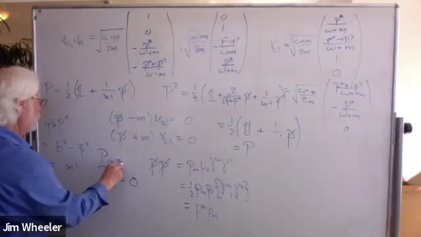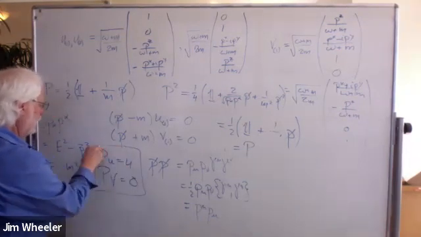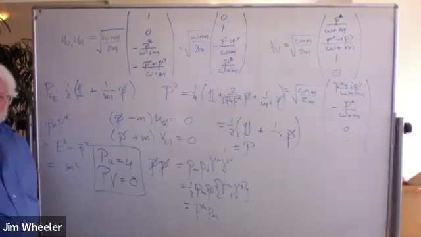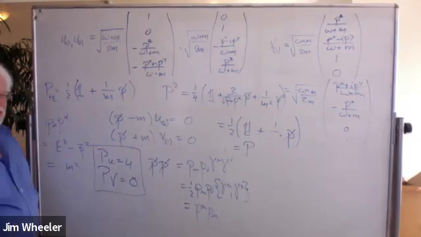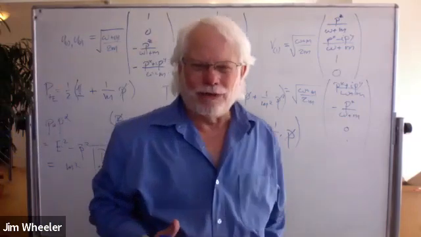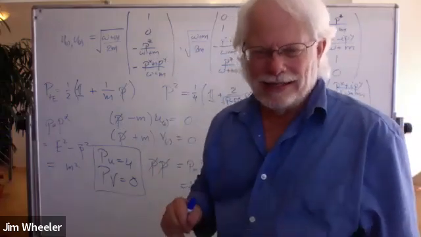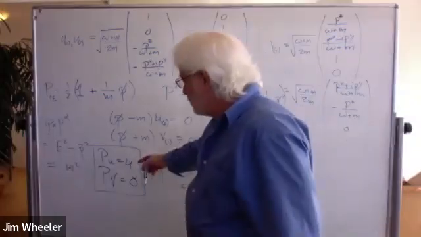P acting on U is U. And that's a positive energy projection operator. What's the negative energy projection operator? I'm just going to have to guess, it's just going to swap the 0 and the U. Or V, like PV is going to be V and PU will be 0.